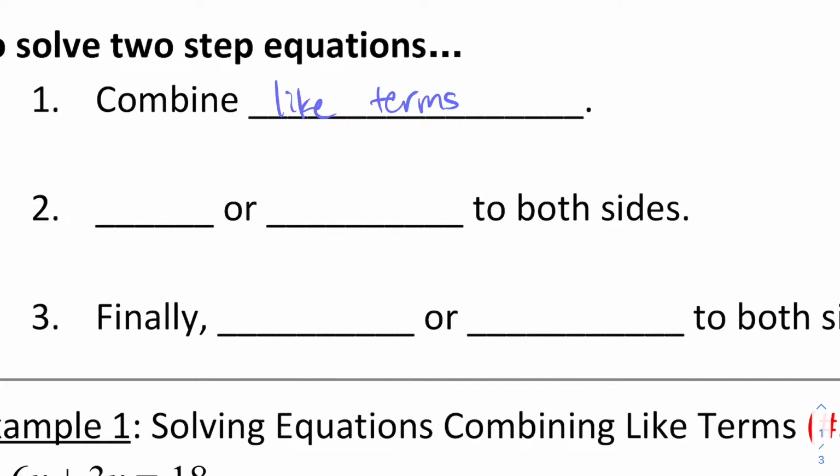Step 2 is to then, after you combine like terms, add or subtract to both sides, creating 0 pairs. And then finally, you multiply or divide to both sides, getting the variable all by itself. Okay, so as long as you follow these 3 steps every single time you solve equations, you're good to go.